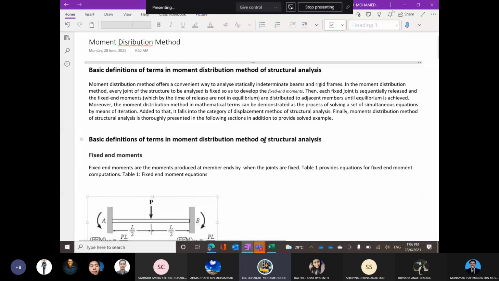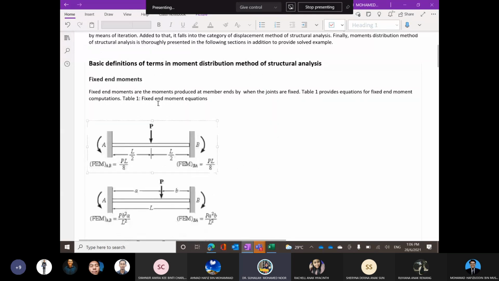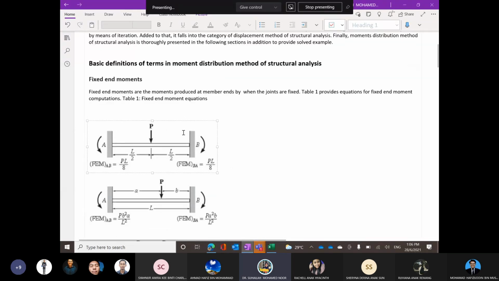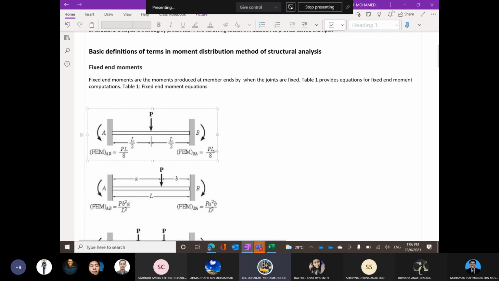As I explained last week, we go through this first before we continue with the example. The basic definition: fixed end moment, these are all the formulas for fixed end moment.